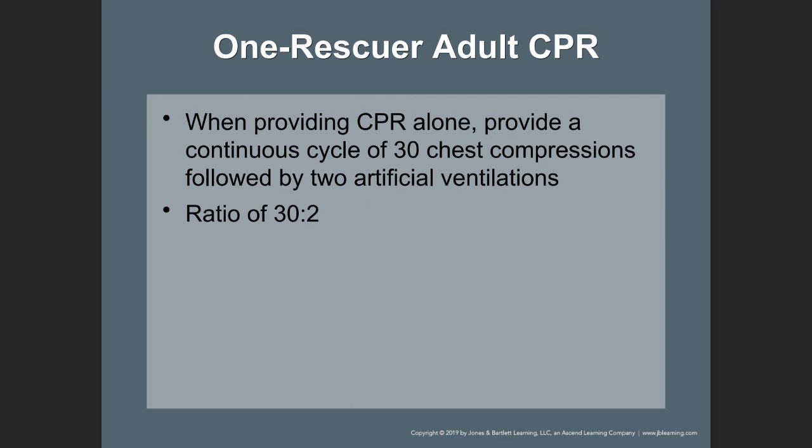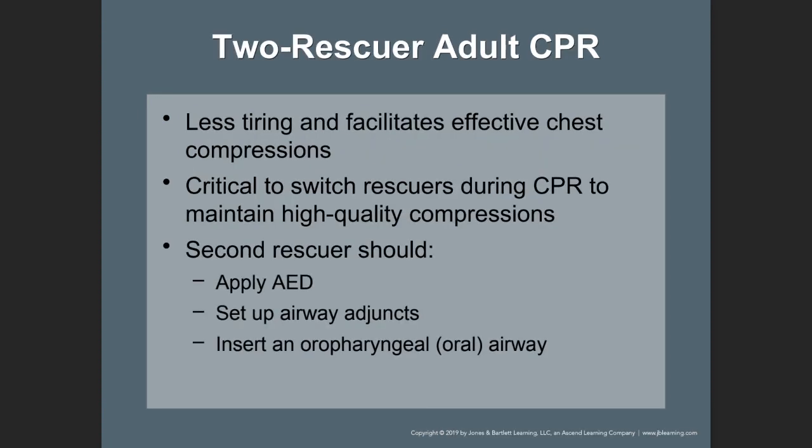One rescuer adult CPR. When providing CPR alone, provide a continuous cycle of 30 chest compressions followed by 2 artificial ventilations. So that's a ratio of 30 to 2. Two rescuer adult CPR is less tiring and facilitates effective chest compression.